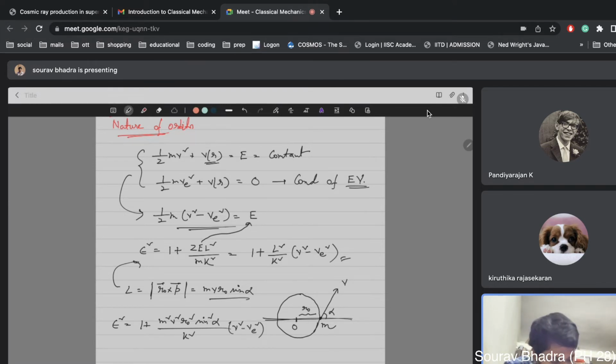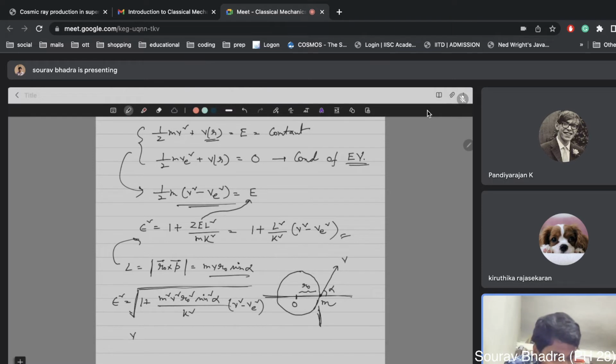The point is the escape velocity of the particle at this particular position is v, no doubt in that, but we are not throwing it with ve, we are throwing it with the velocity v only. We are assuming that it is in the inverse square law field, that's why the potential at the position r0 is minus k by r0.